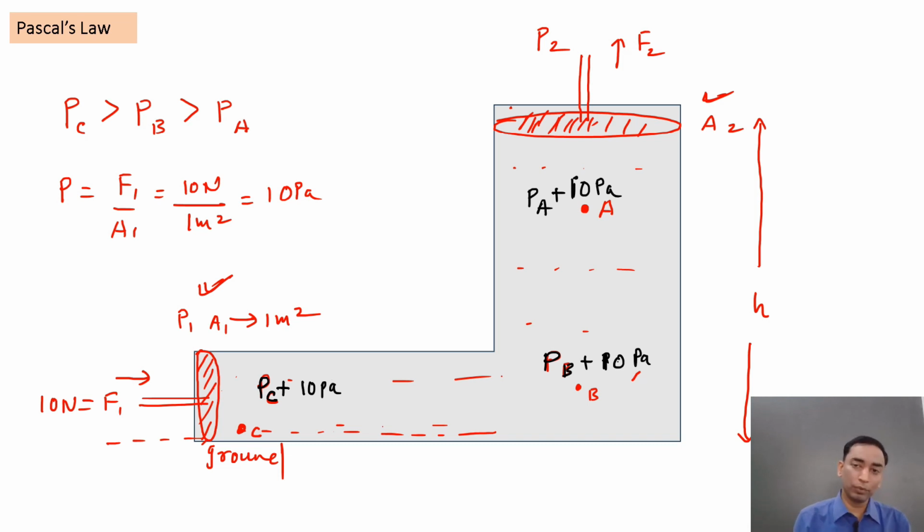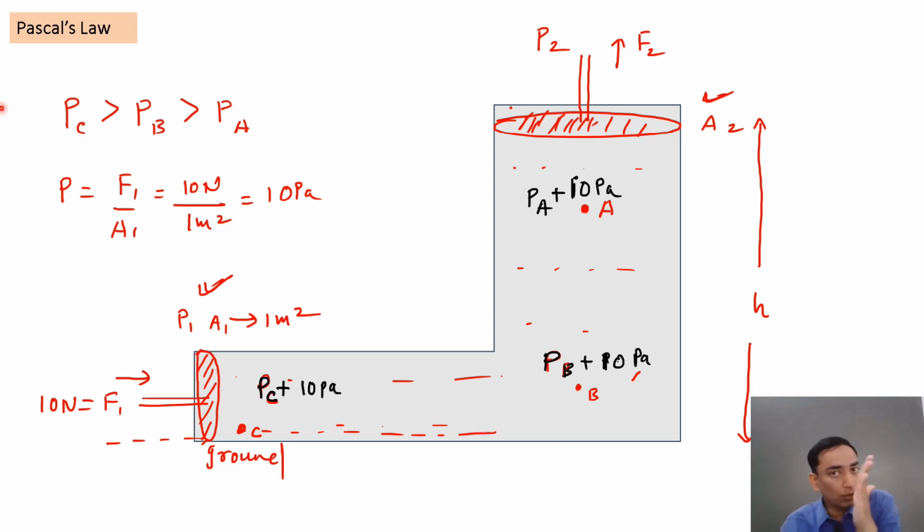Most of the students are confused over here. Now just imagine what is going to happen. Since the fluids are incompressible, when this piston goes inside, this other piston has to go up. Now, which pressure is responsible for pushing this particular piston upwards? It is not PA or PB or PC.